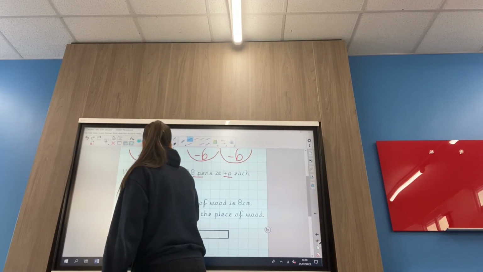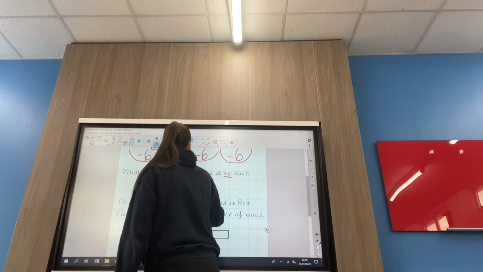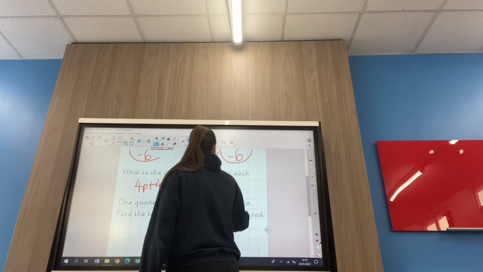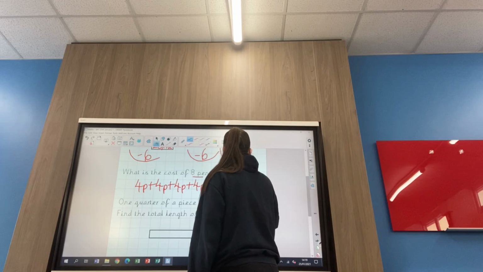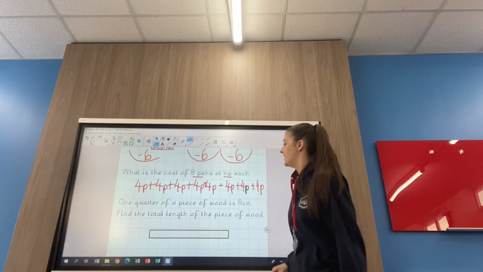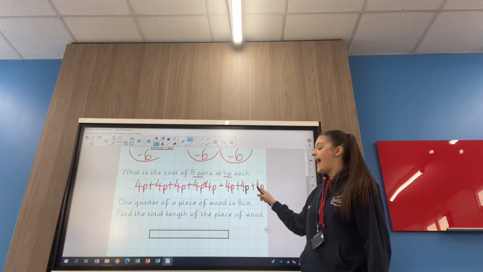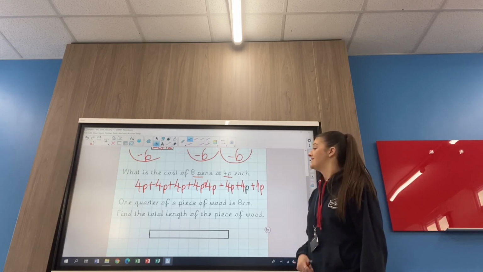Here's 2, 3, 4, 5, 6, 7, 8. Okay. Now, as you can see, I've got 1, 2, 3, 4, 5, 6, 7, 8 pens there costing 4p each. That's a very big repeated addition.